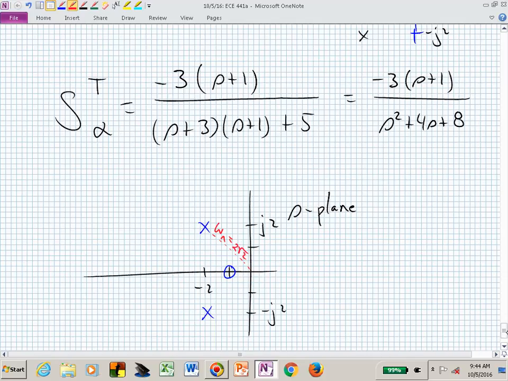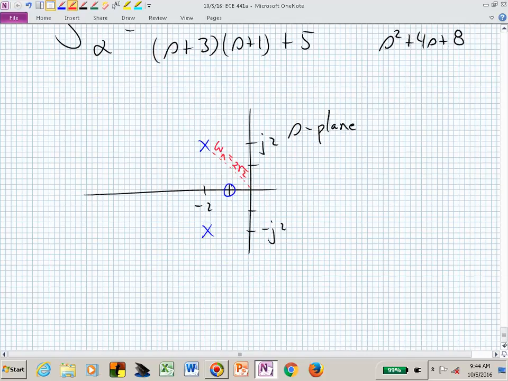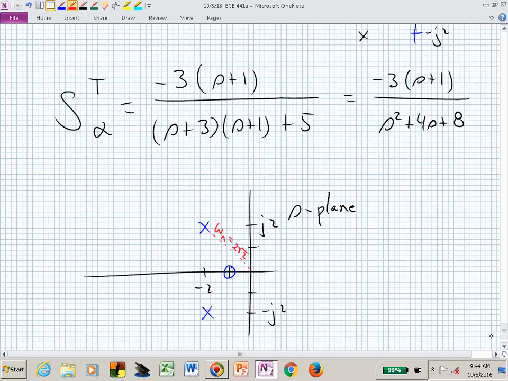But what does that do for us in terms of a Bode plot? What's the DC gain of that transfer function, or of this sensitivity expression? I just want the magnitude, so I'll take the magnitude of that. I evaluate that expression where? At 0, to get the DC value, the low frequency value of that expression.